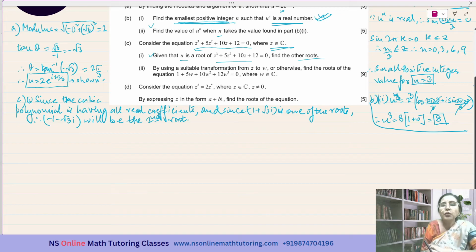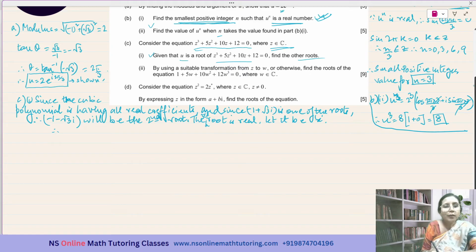Okay, and the third root has to be a real number. So the third root is real. Let it be x. So therefore, I'm using the sum of the roots, product of the roots property.